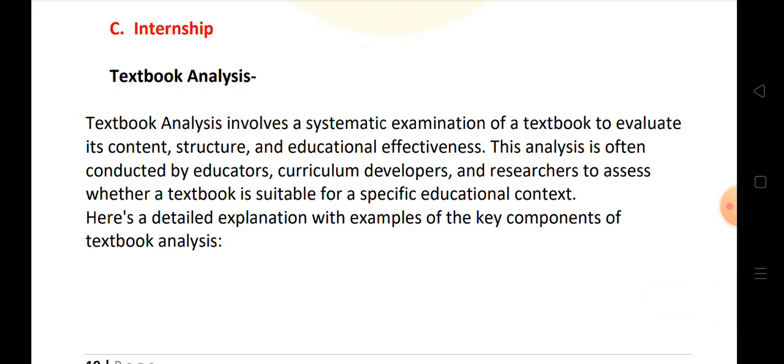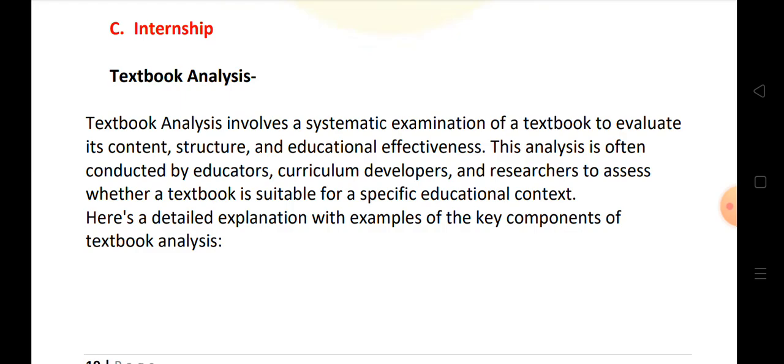Internship. Now let's see textbook analysis. In order to analyze a textbook, we have to see that first. I believe you are candidates who had been students of D.El.Ed or B.Ed.